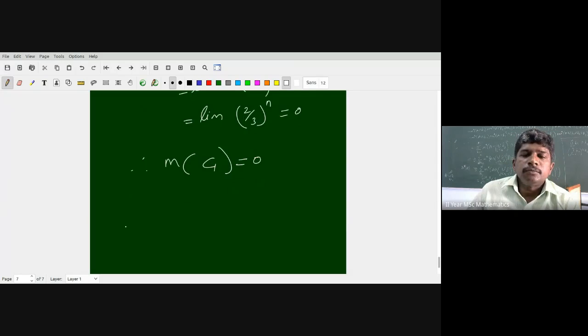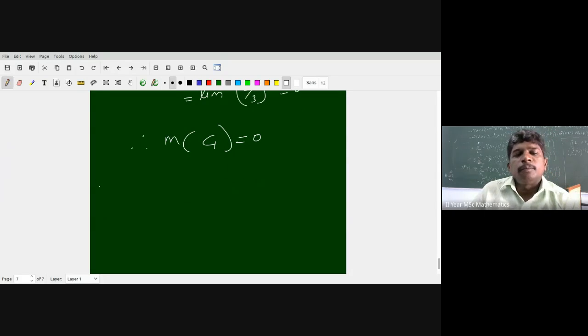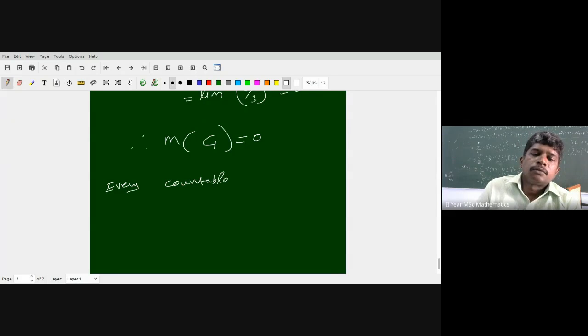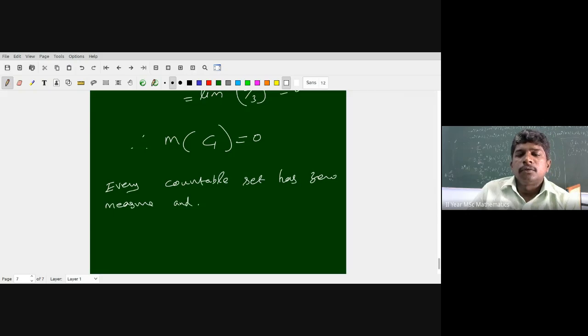Right? So the statement is this: every countable set has 0 measure. And what about the measure of an uncountable set? It need not be non-zero, right?